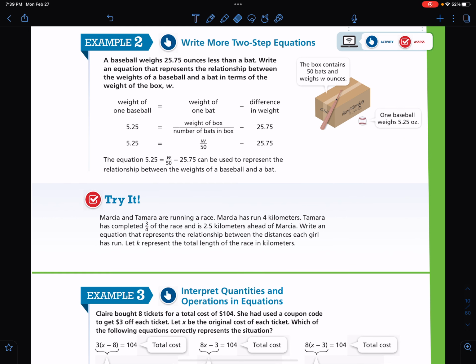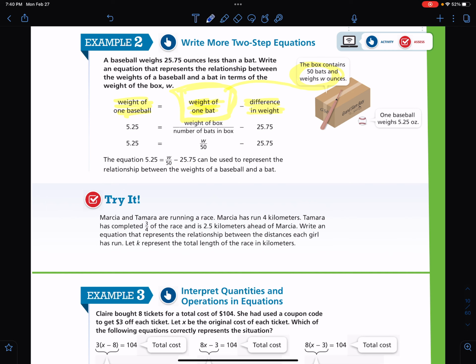I like it, but it's like this first part is what you need to know. You have to figure out the weight of one bat. How do you figure out the weight of one bat? Well, this has 50 bats and it weighs W ounces.